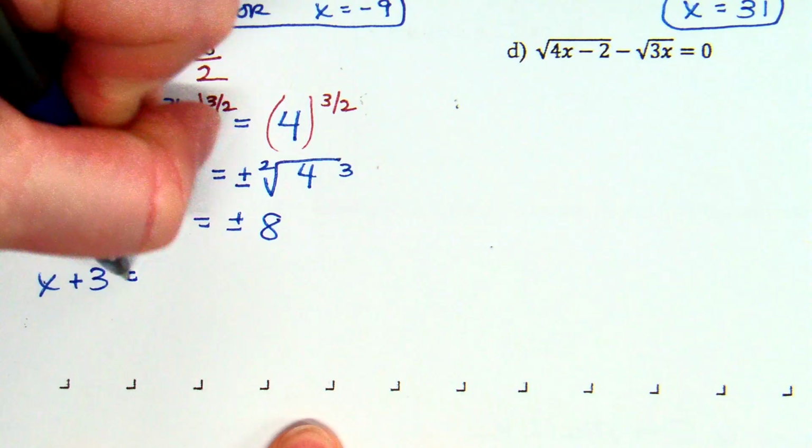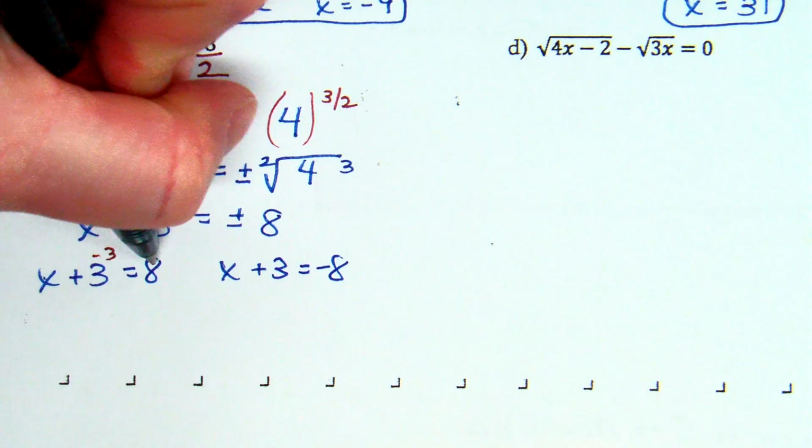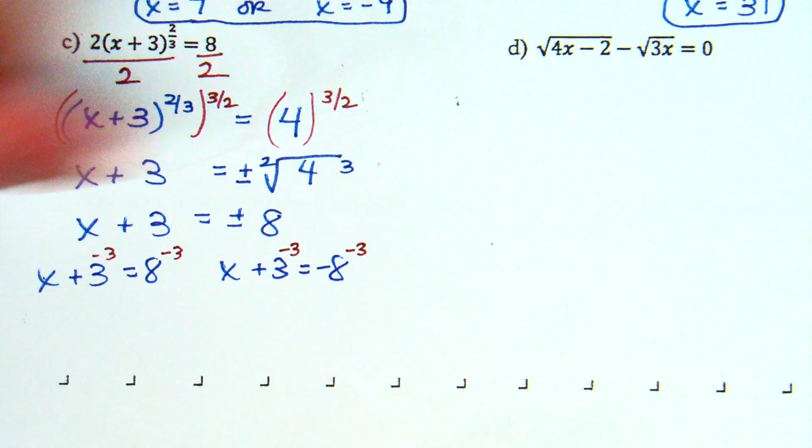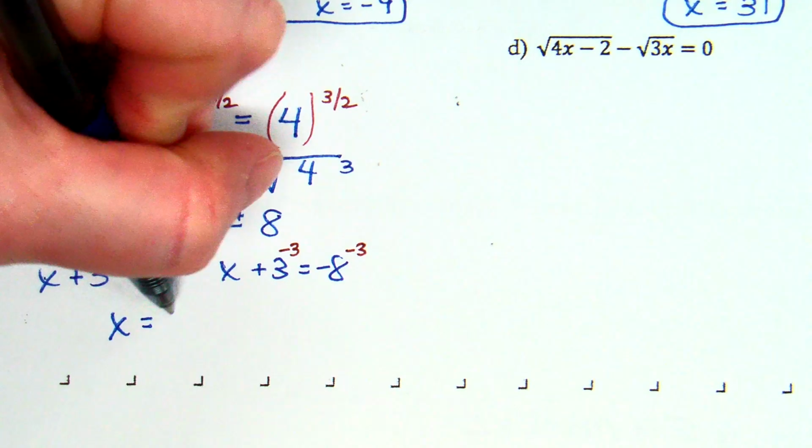X plus 3 equals 8. X plus 3 equals negative 8. To solve, I'm going to subtract 3. And x is 5 and negative 11.